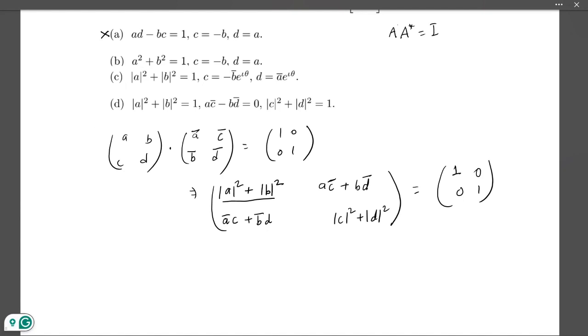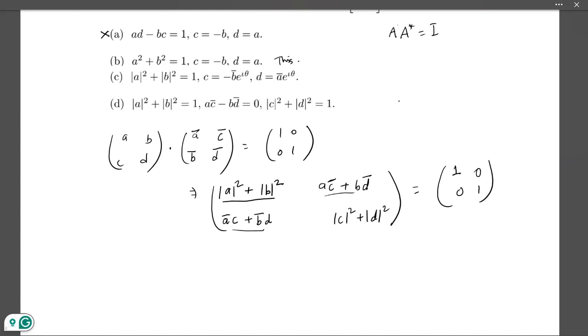But in the second, we have written now A square plus B square is equal to 1. So if they are real, mod A square is same as A square. And B is equal to minus C, C is equal to B. Then these two become 0 when our matrix is real. This is good. This condition is enough, but for real matrices.